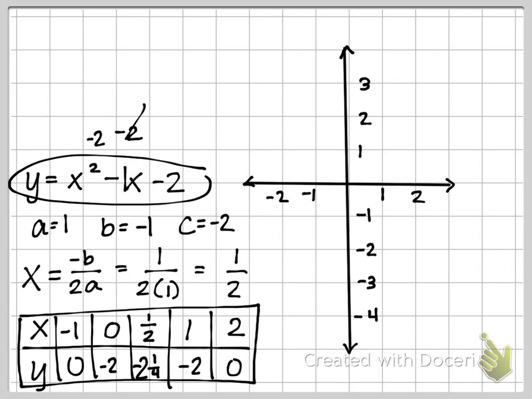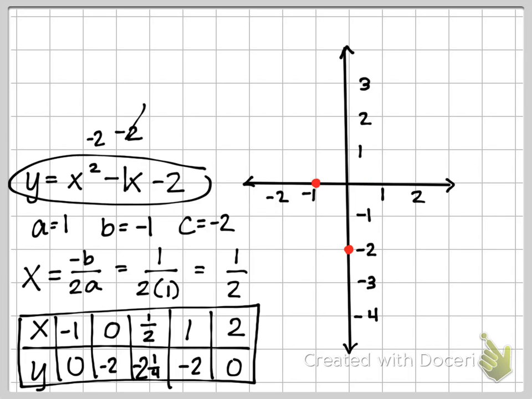So where would I put my first point? So -1 and 0. Then 0, -2. Then 1/2. Where is 1/2 on the x-axis? In between. Right here between the 0 and the 1. But that's not where I'm going to put my point.